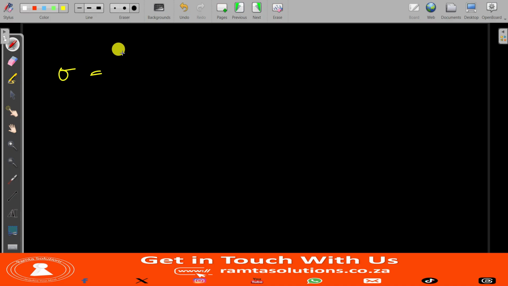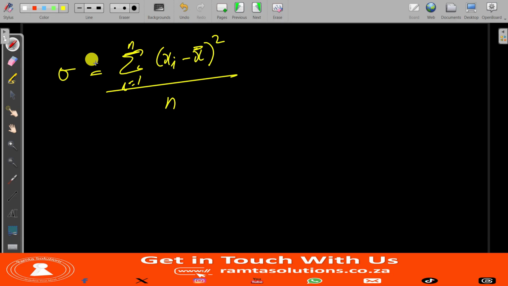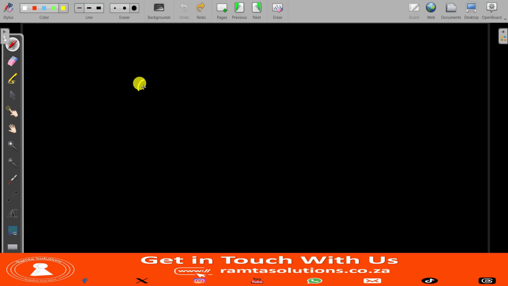Squared, but the sum of, if you recall, x sub i minus x bar all squared, all over n. But now, because we're talking standard deviation, we said it is the square root of the variance. So standard deviation will be this. Let me write this in the center, with a bigger font size.